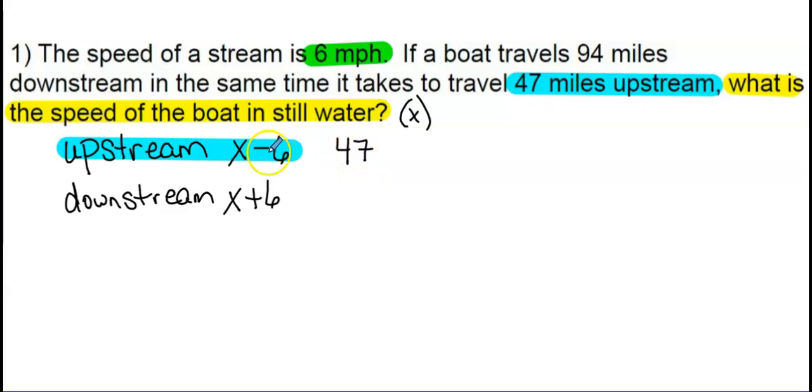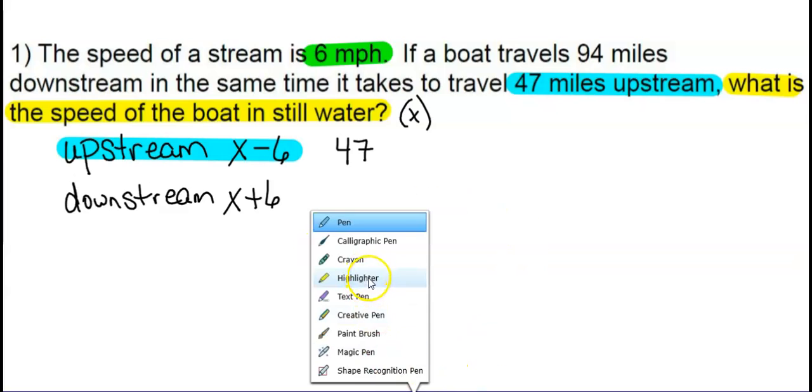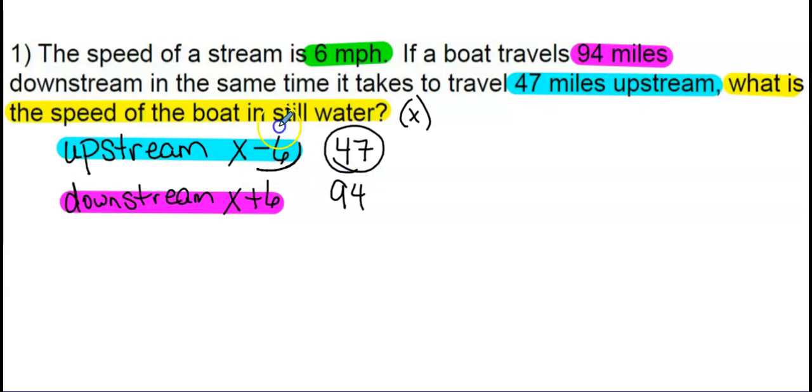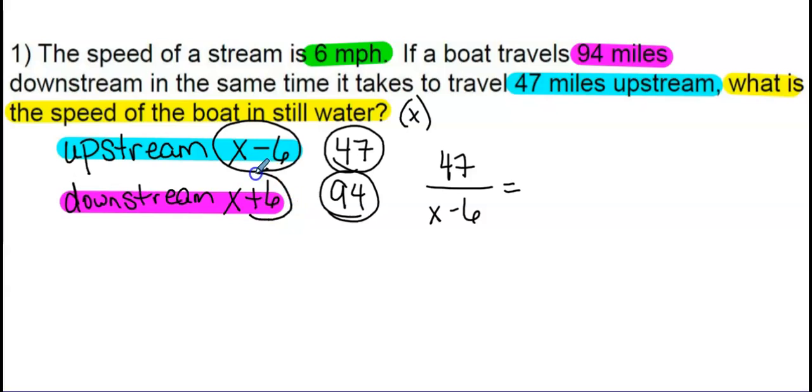Now, X minus 6 doesn't equal 47. We can't figure it out that way. But we're going to set up a proportion here. The 94 miles, this one right here, matches the downstream speed. So the 94 miles is going to go right here. So I'm going to set up a proportion where this number over this number, 47 over X minus 6 equals 94 over X plus 6.